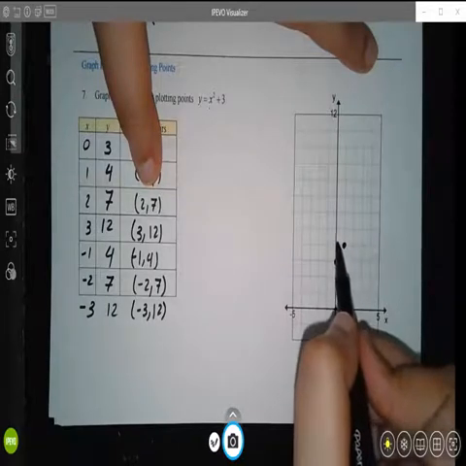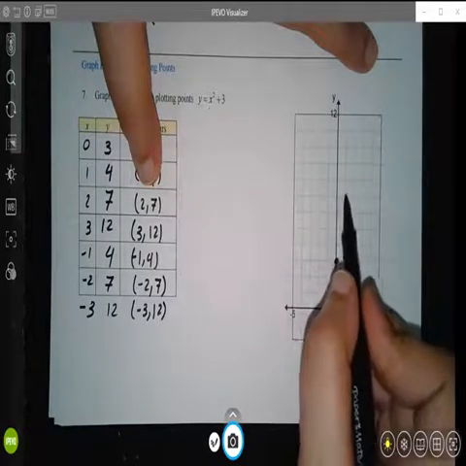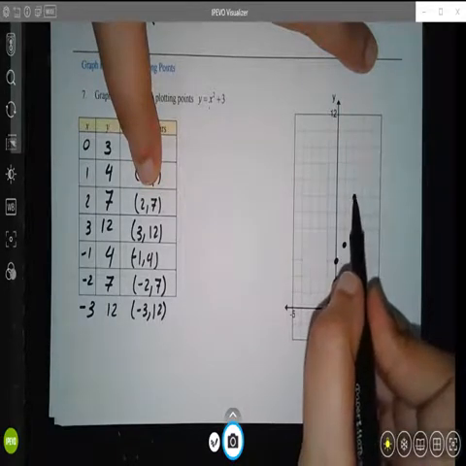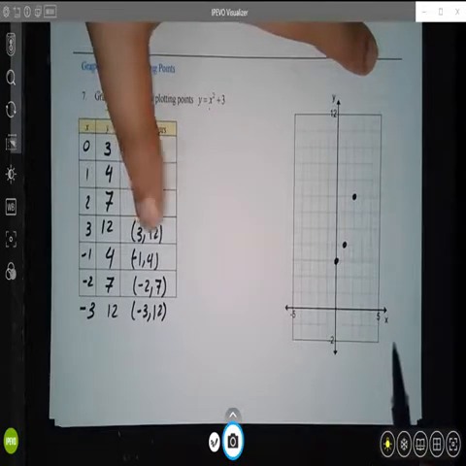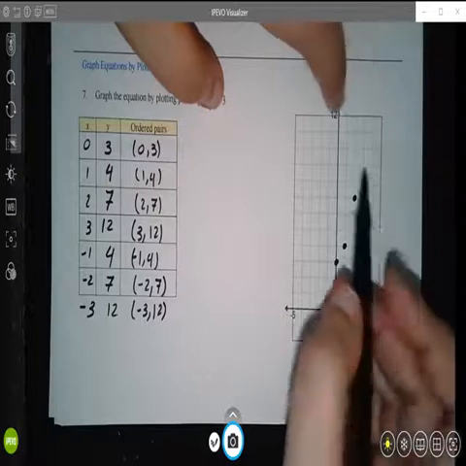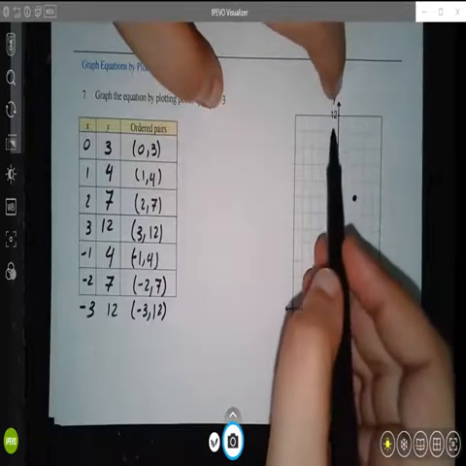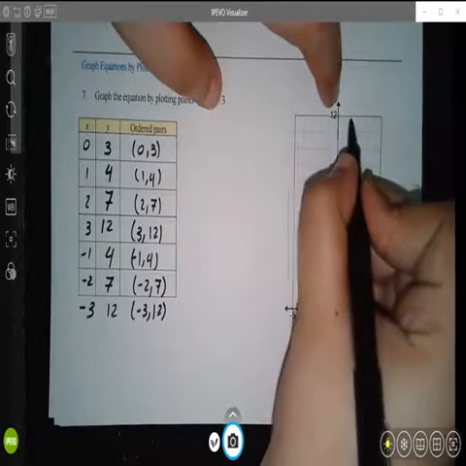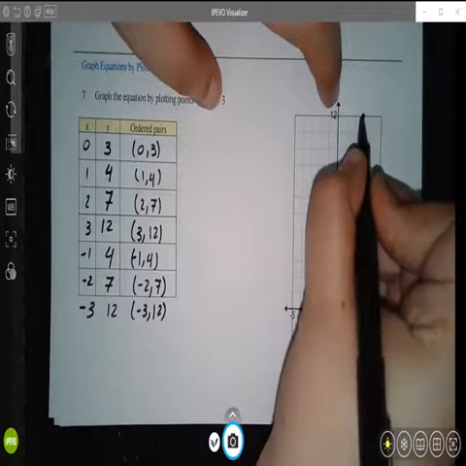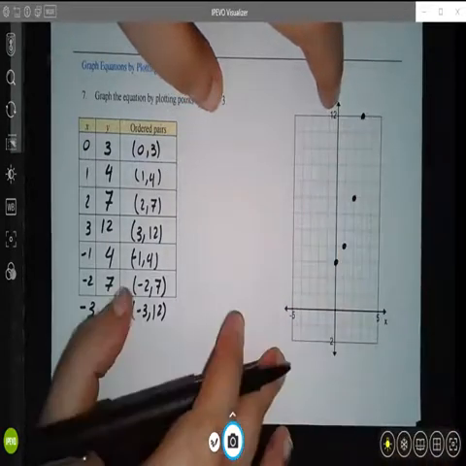So let me count 7. This is 4, right? 5, 6, 7. Point is right here. And x is 3, y is 12. 12 is all the way up here. We have it marked. So I'm just going to go horizontally by 1, 2, 3 to x3. And this is my point.